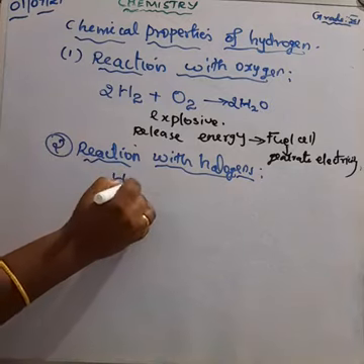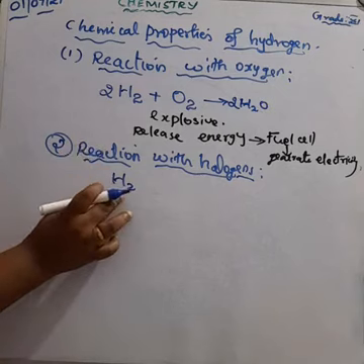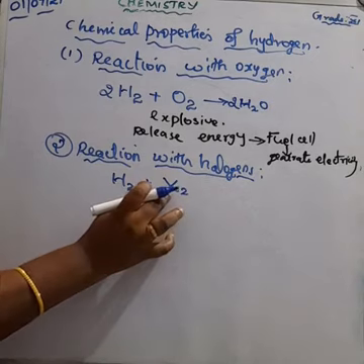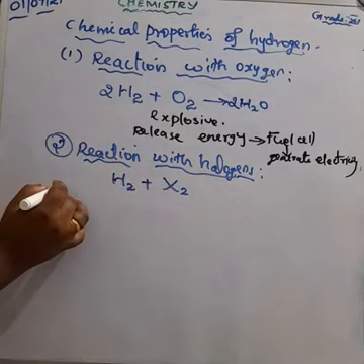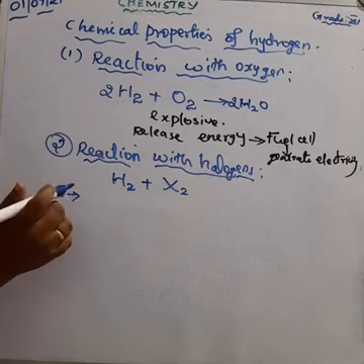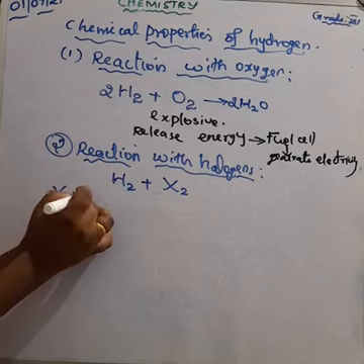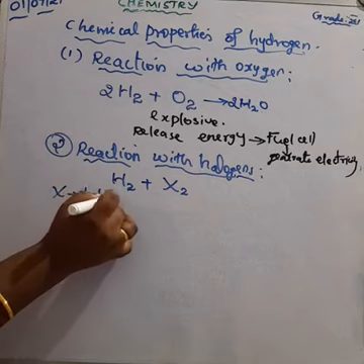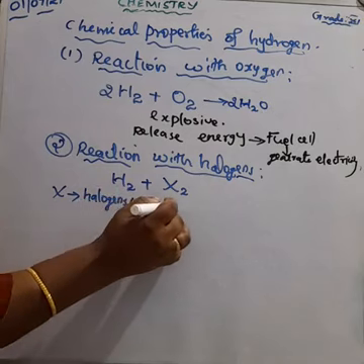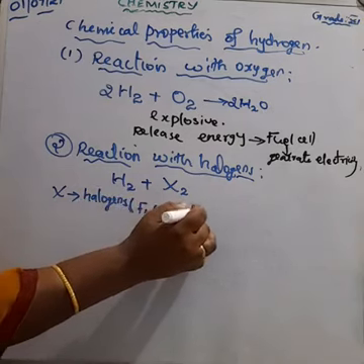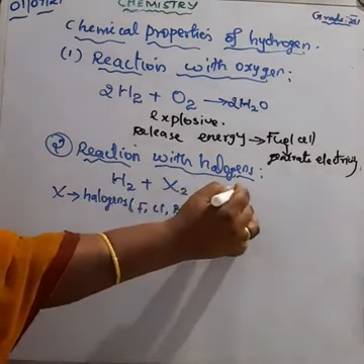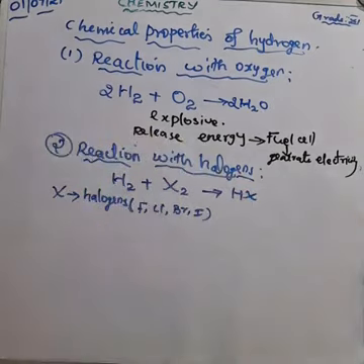Here, hydrogen H2 plus halogen, I am taking X2. X2 indicates the halogen. What are the halogens? X means fluorine, chlorine, bromine, iodine. When hydrogen combines with the halogen, it forms hydrogen halide, HX.